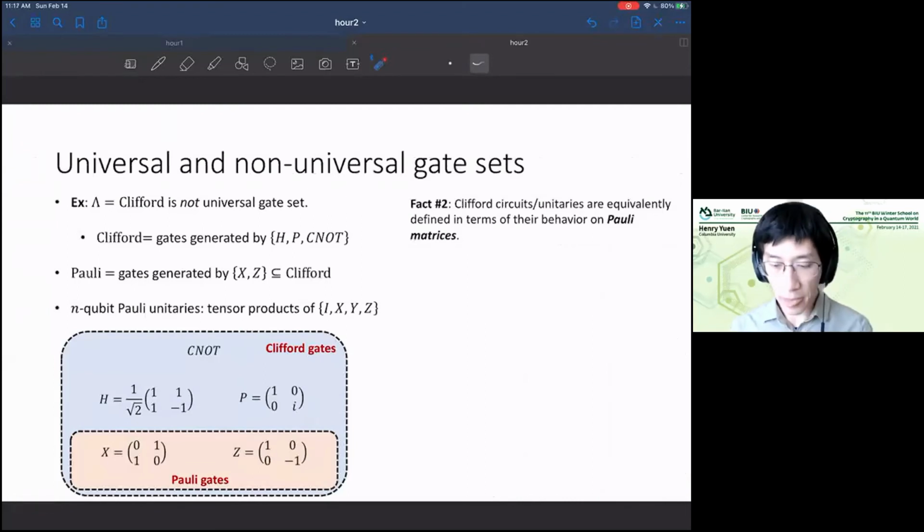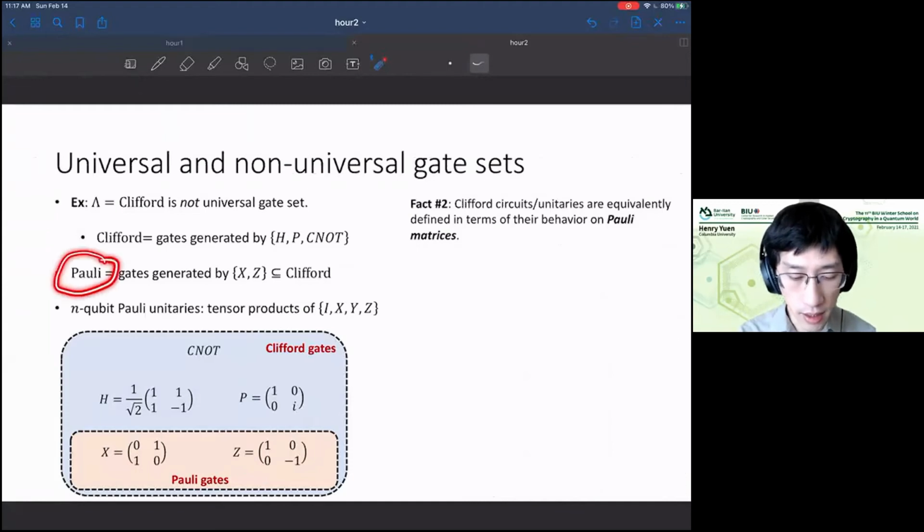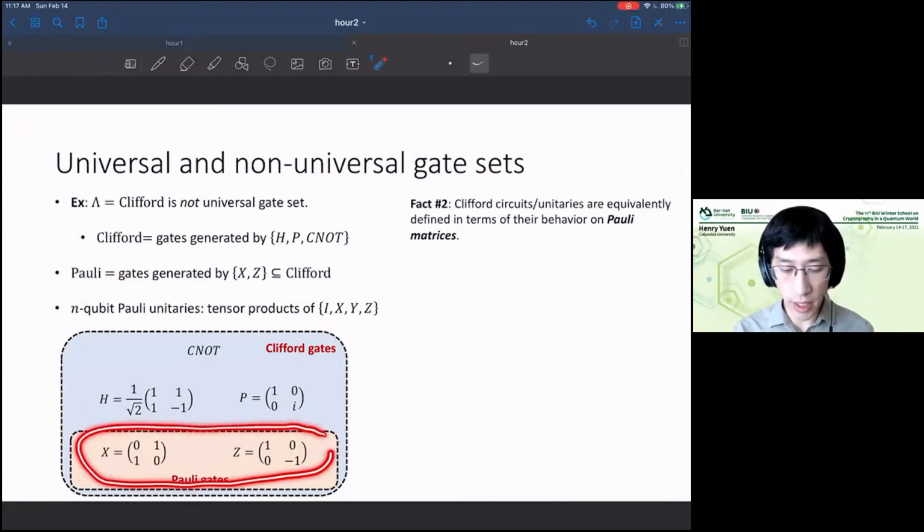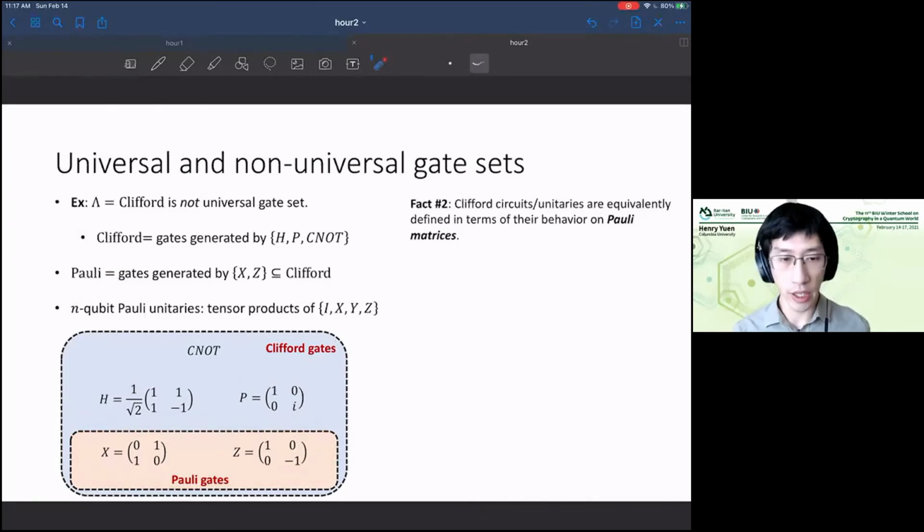Another important fact, and this is something that will come up later in this course, is that Clifford circuits can also be equivalently defined in terms of the behavior on something called the Pauli matrices. So Pauli matrices are another subset of gates. It's an even smaller subclass than the Clifford gates. They're matrices that are generated by these simple unitaries, X and Z, right?